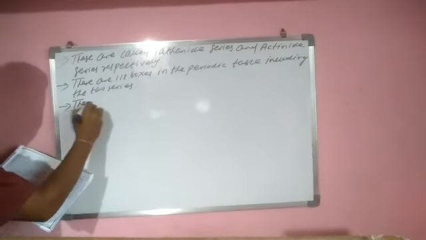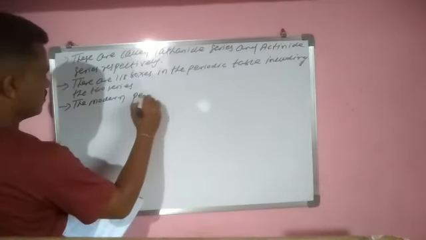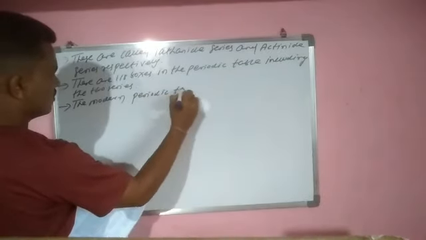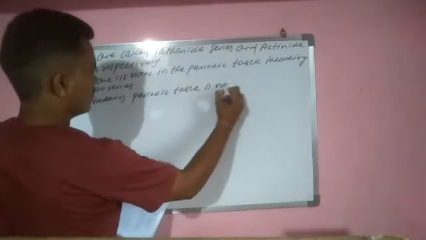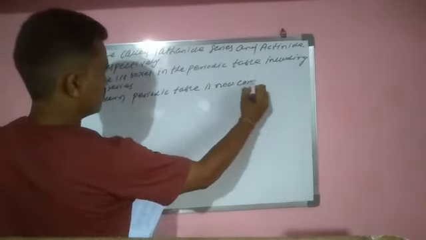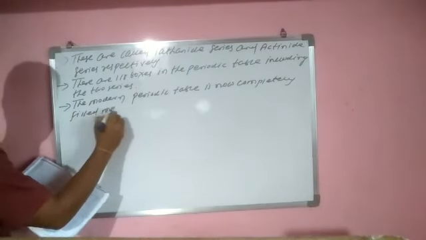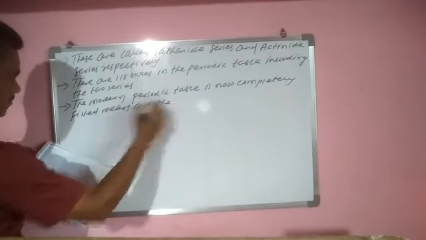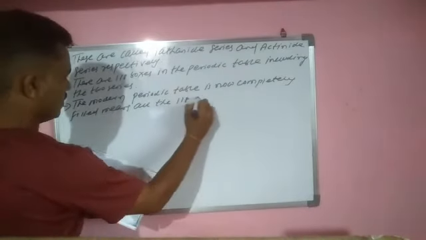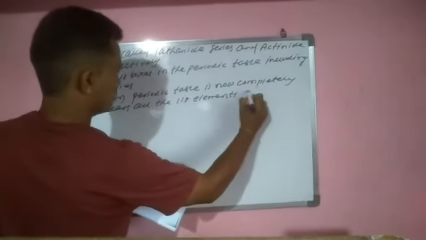The modern periodic table is now completely filled. Filled means all the 118 elements are now discovered.